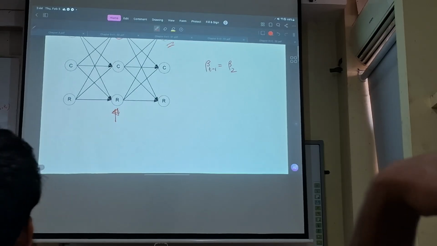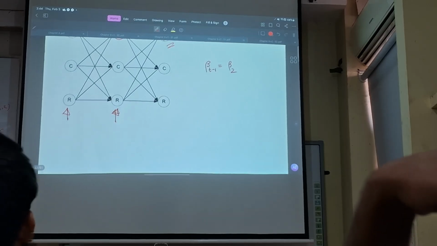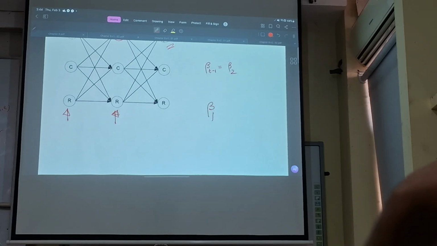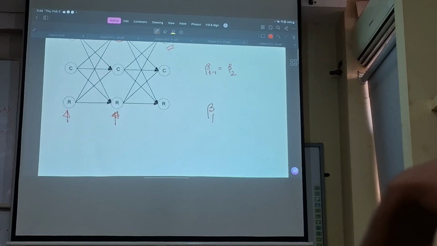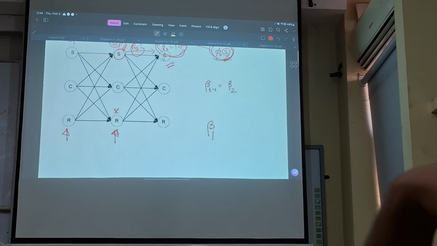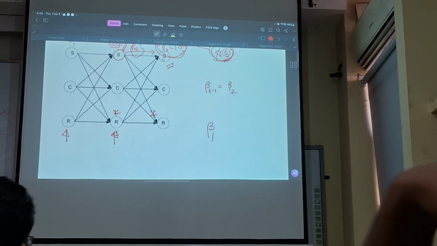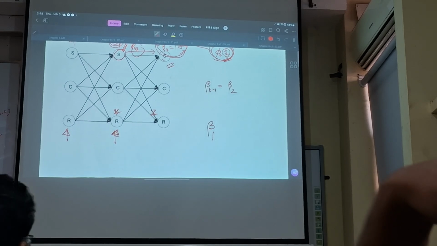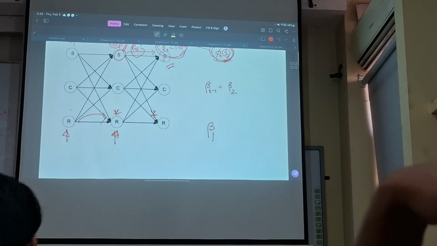When we come to the initial state, then we get beta 1. What is missing here? Beta 1 actually considered all the observed values here, and what we need to learn, the transition probability here.